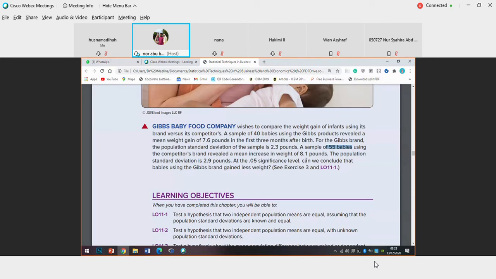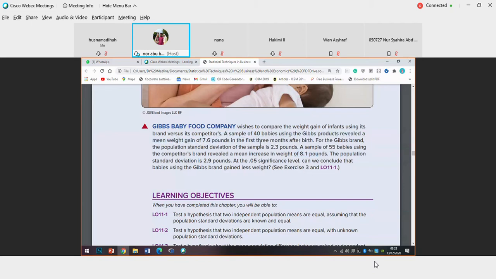Jadi nak bandingkan lah ni, contohnya nak bandingkan Coke dengan Pepsi. Okay, yang mana orang cakap lebih sedap. But this time for Gibbs, they use a sample of 40 babies using their brand. And then they revealed that mean weight gain is 7.6 pounds. Whereas for the other brand, revealed a mean increase in weight of 8.1 pounds.